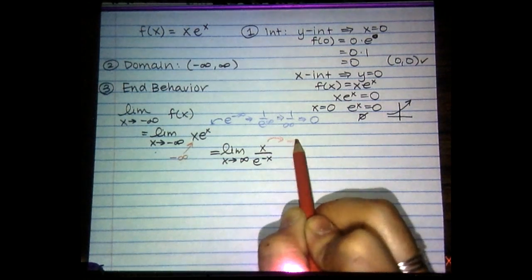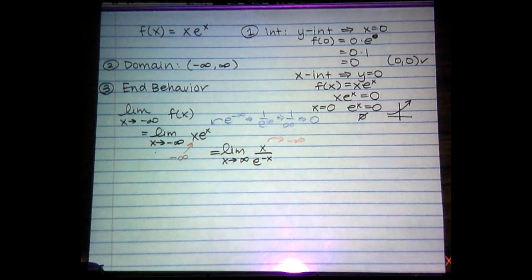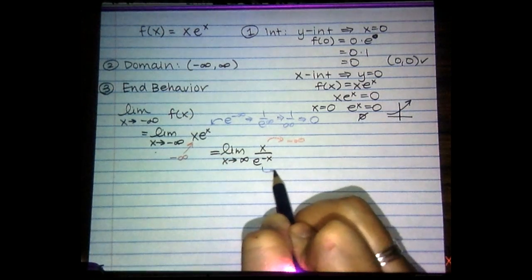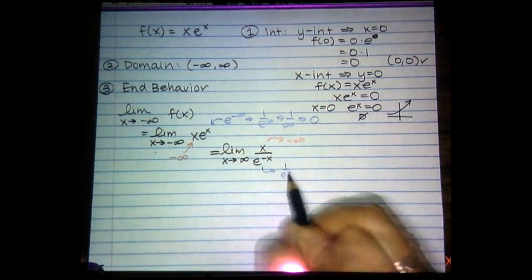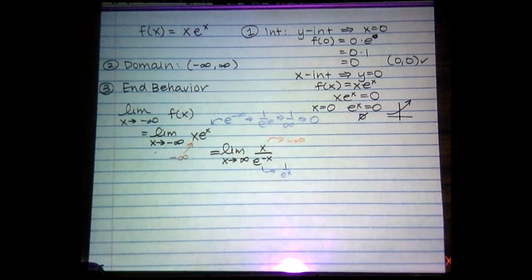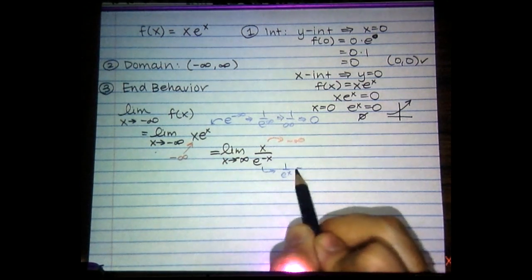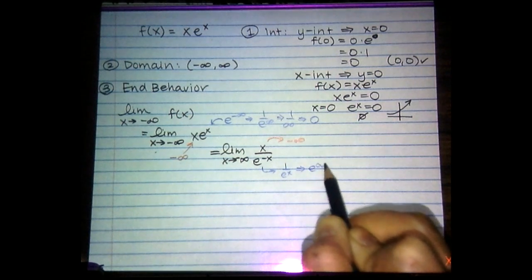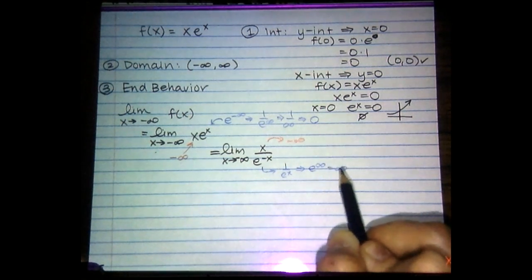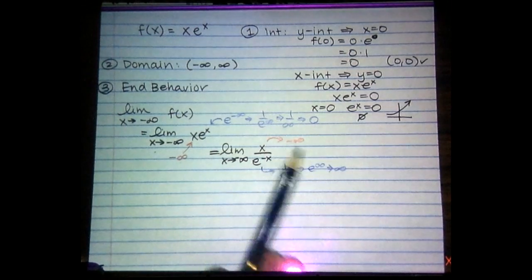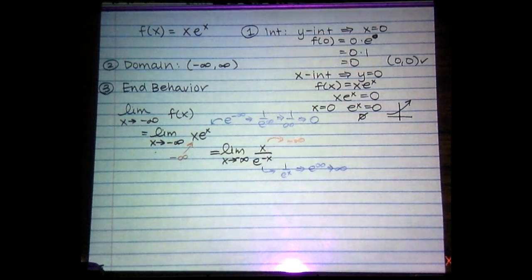This guy here is still going towards negative infinity. That didn't change. But now here, looking at this function as 1 over e to the negative x, if x is approaching negative infinity, then this would be going towards e to the positive infinity, which is going towards infinity. So now we have an infinity over infinity situation.